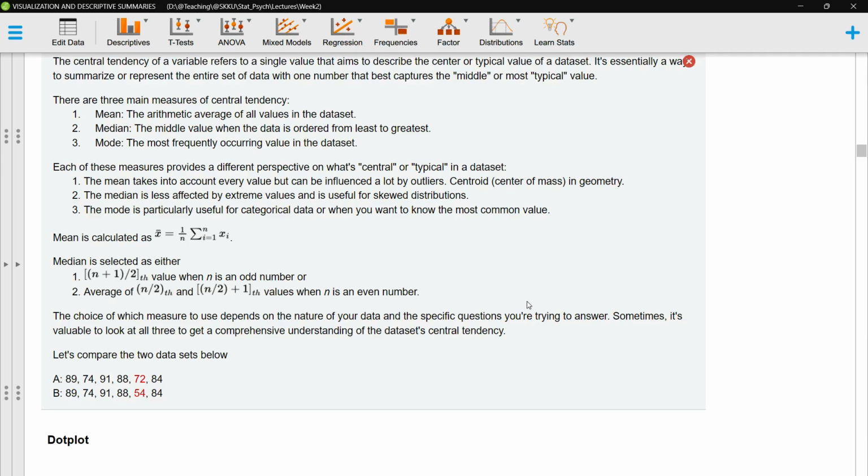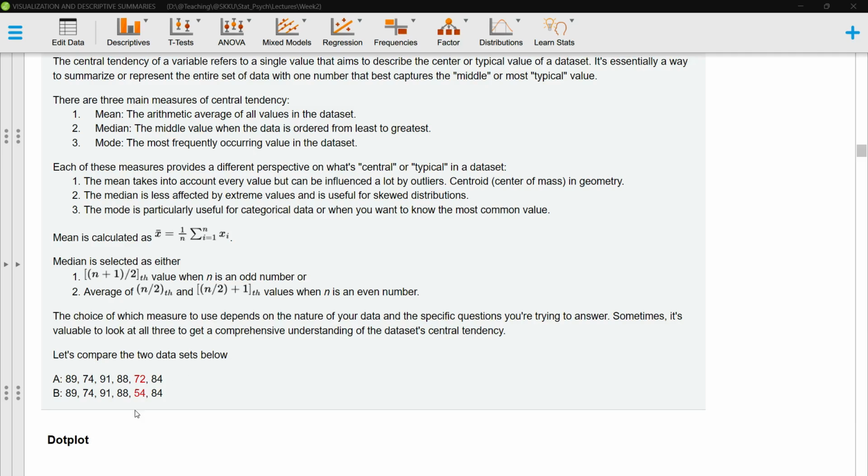Based on this understanding, let's look at examples to understand in more detail the characteristics of the mean and the median, the central tendency. The first data set has 6 observations: 89, 74, 91, 88, 72, and 84.